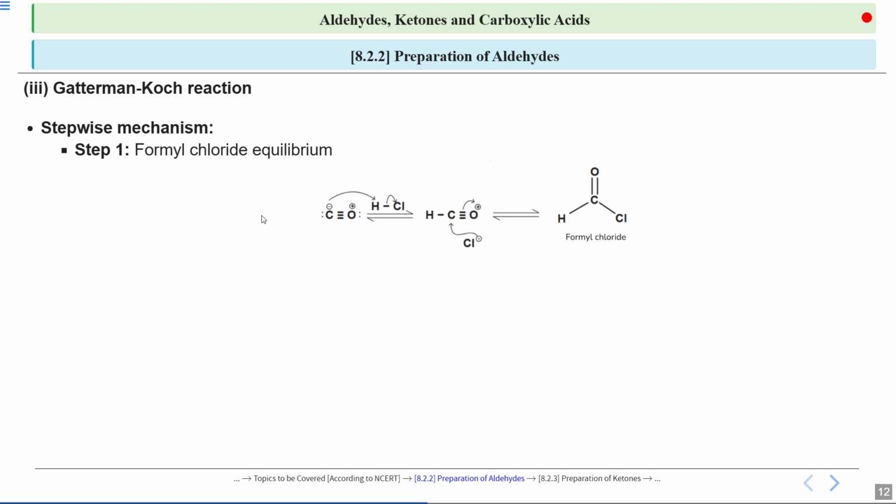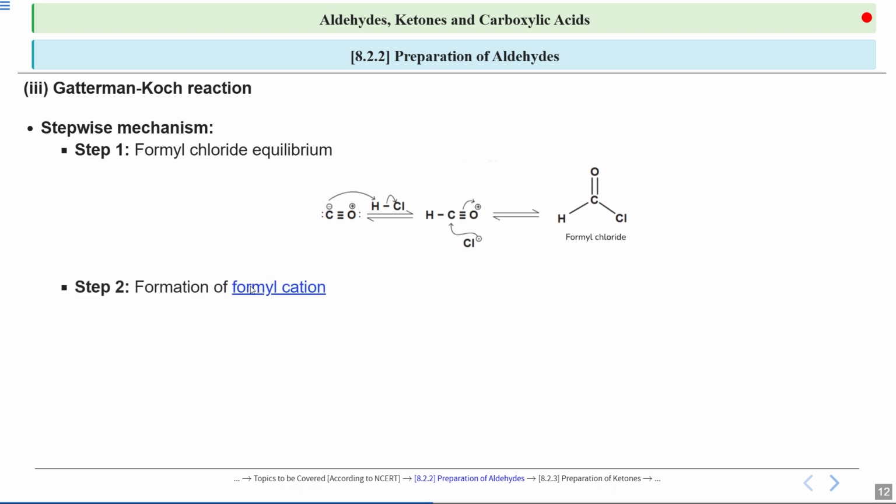When you treat it with HCl, carbon has a negative charge and oxygen has a positive charge because it is forming 3 bonds. Carbon, being negatively charged, will attract the H positive of HCl. Then chlorine has left from here, and the chloride can attack this carbon and form formyl chloride. So this is the formyl chloride equilibrium.